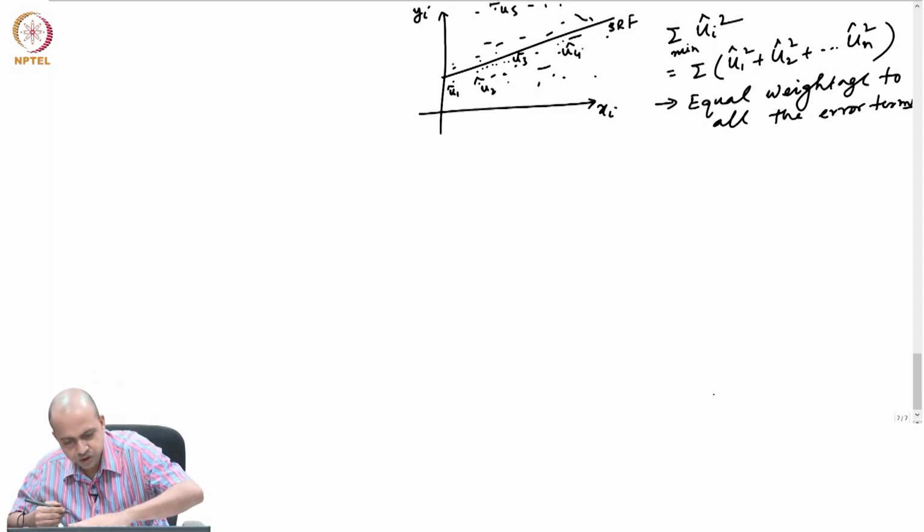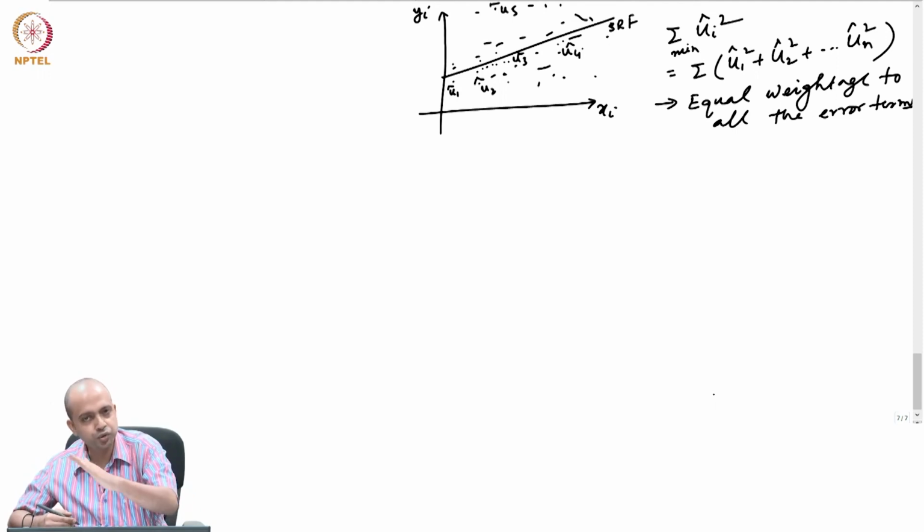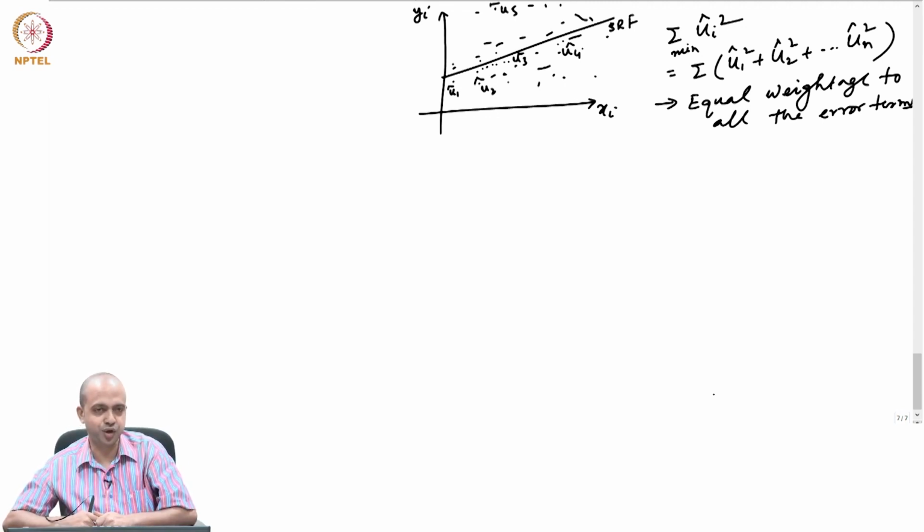The limitation of this OLS method we will discuss in detail in a later part of our discussion, when we discuss the weighted least square method. The limitation of OLS would be overcome by the weighted least square method, where the larger the deviation from the line, the lower the weightage these errors will receive.